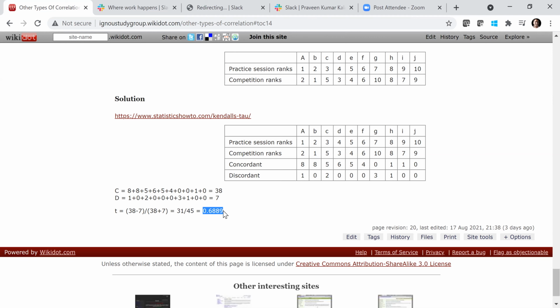I would not say very good, but it is nearly 0.7, which means it is nearer to 1. So it is decently and positively correlated. That means you can say that competition ranks and practice ranks are positively correlated and it is decent enough.